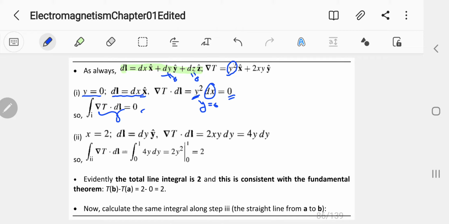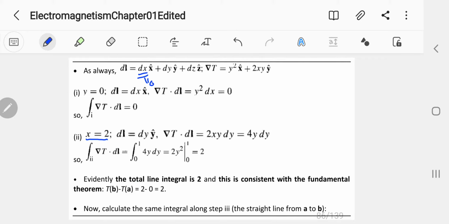So for segment 2, x will be equal to 2, but the derivative of x, which is a constant 2, is just equal to 0. So in that case your dx here is equal to 0.